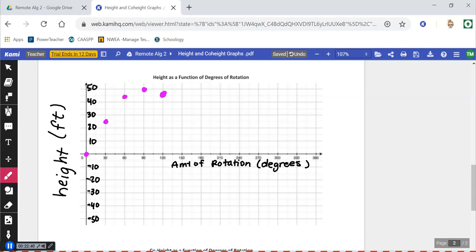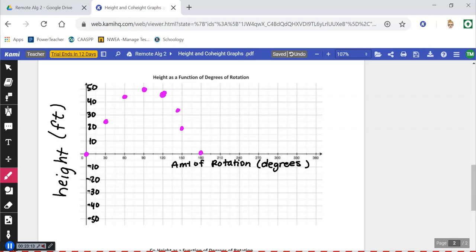At 135, we're at 35. And then at 150, we're at 20. And at 180, we are back to 0.